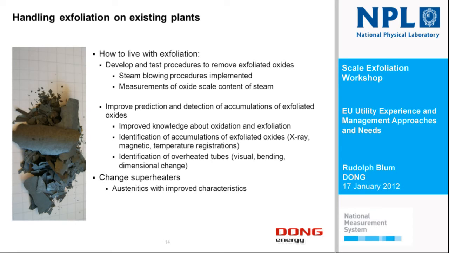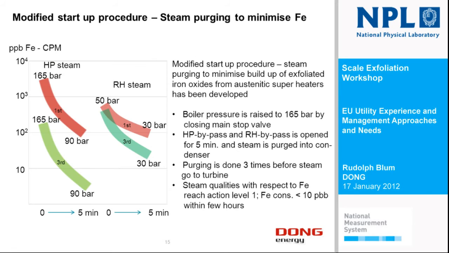But if we look into this operating procedure, we know very well that some German chemical plants have been in operation for many decades, operating at temperatures up to 650 centigrade. And these power plants are equipped with very strong and mechanically reliable austenitic materials, but it's all material which generates a lot of oxide, and it's all material which will exfoliate.